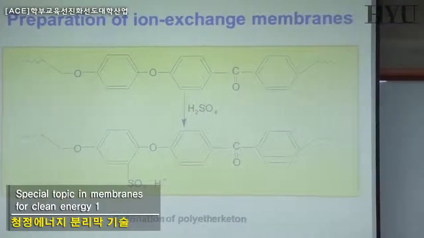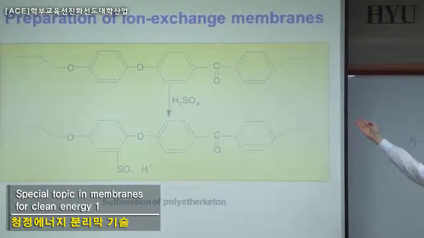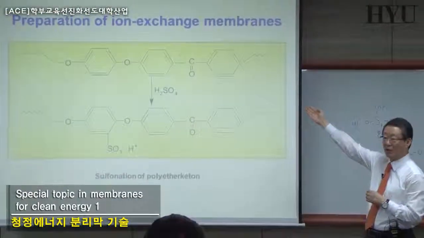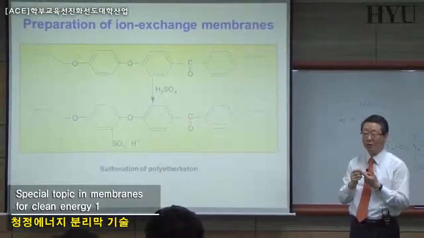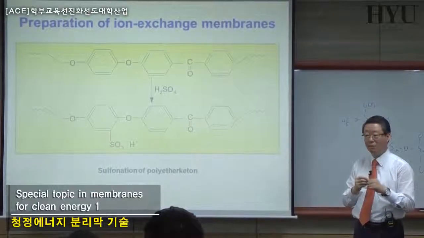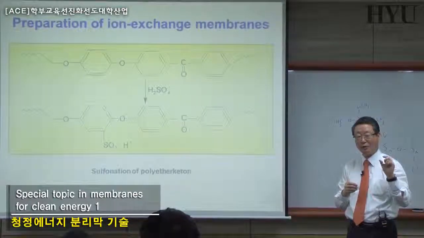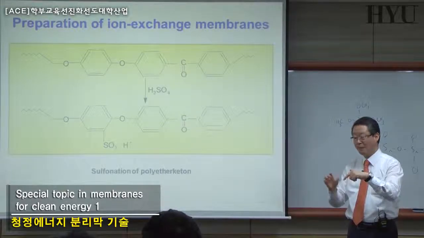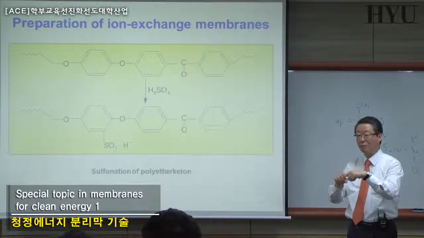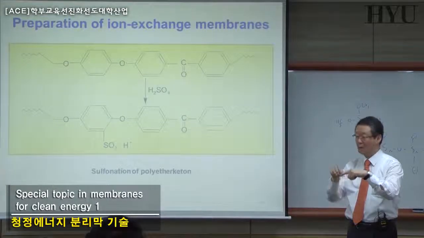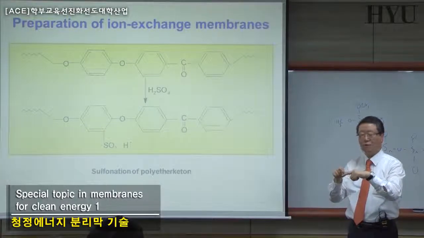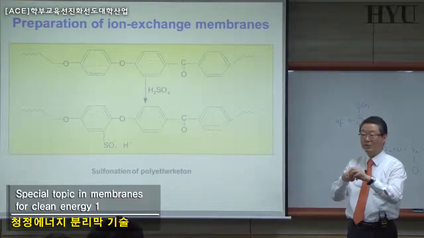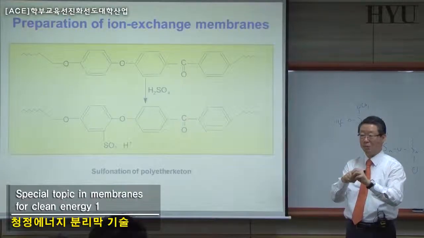What it means is that if you have your PEEK in the form of powder or in the form of film, and you put that powder or film into a sulfonating medium, then the reaction will occur from the surface of the powder or films. It may not go directly into the core or very deep inside of your film or powder.